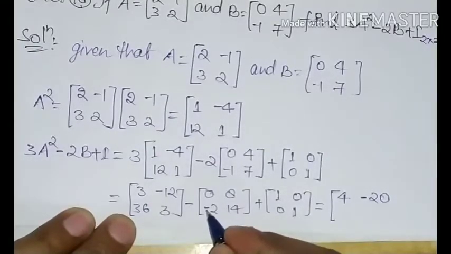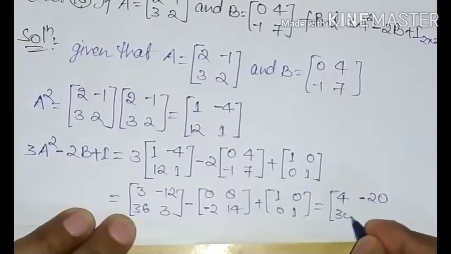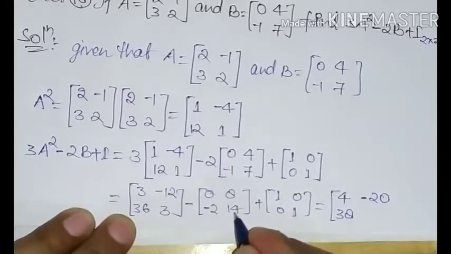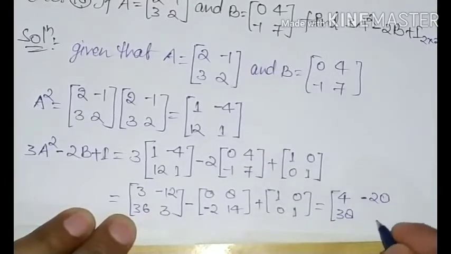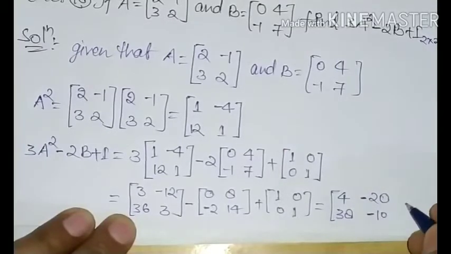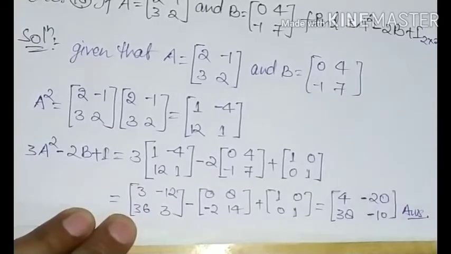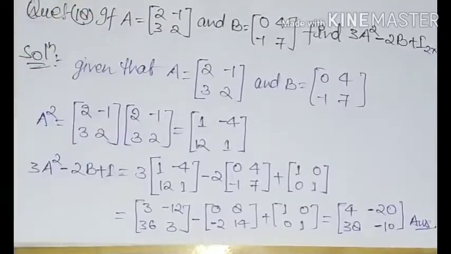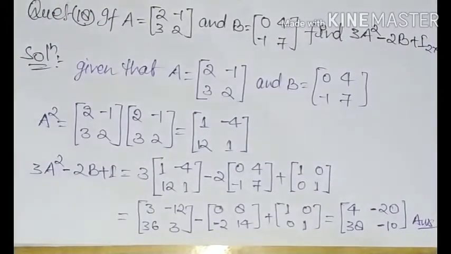Minus minus plus, then it will be 36 plus 2 will be 38, and here is 3 minus 14 plus 1. 3 plus 1 is 4, minus 14 will be minus 10. So this will be our answer: 4, minus 20, 38, minus 10, that is a 2 by 2 matrix. This is our answer.